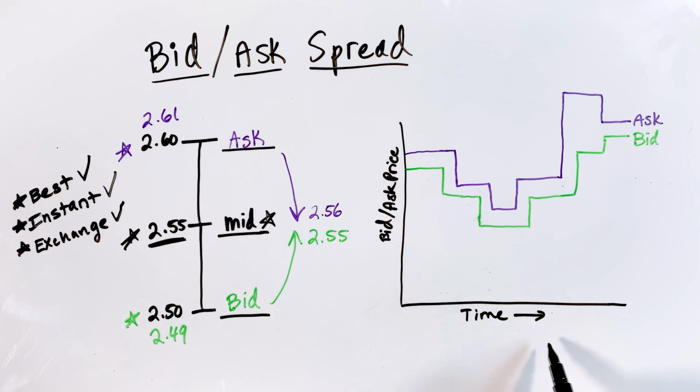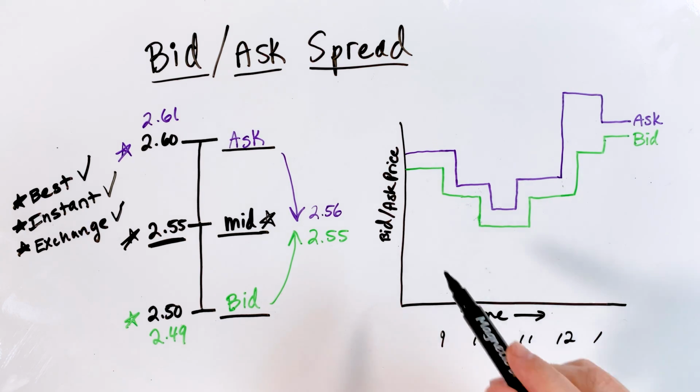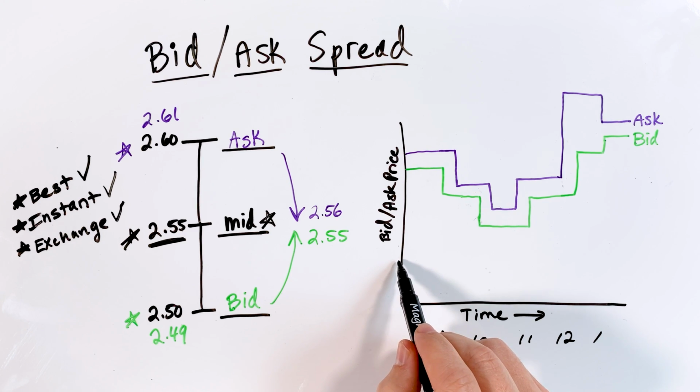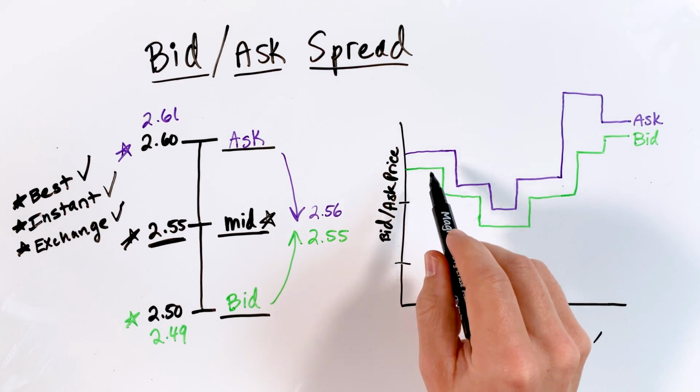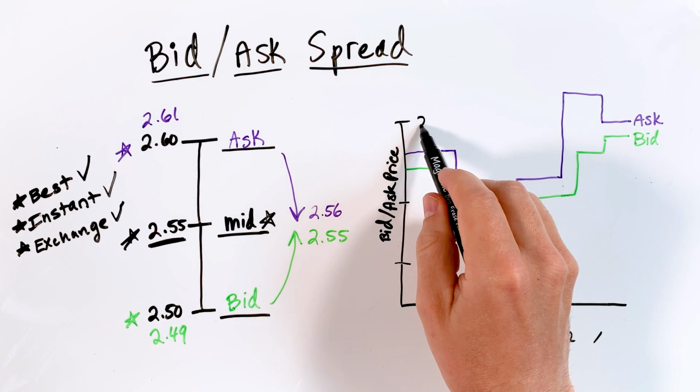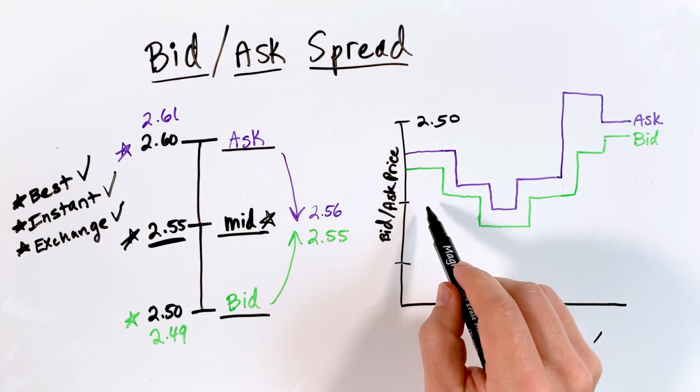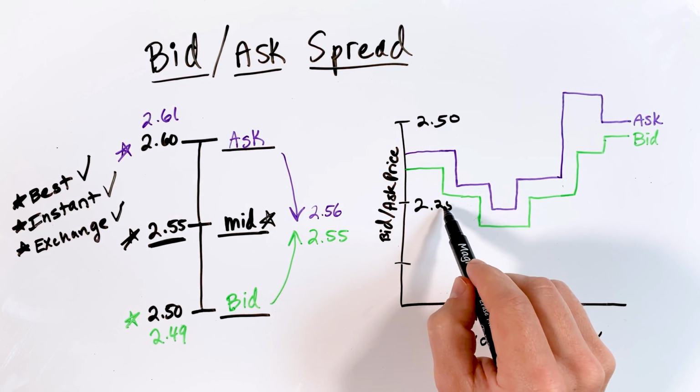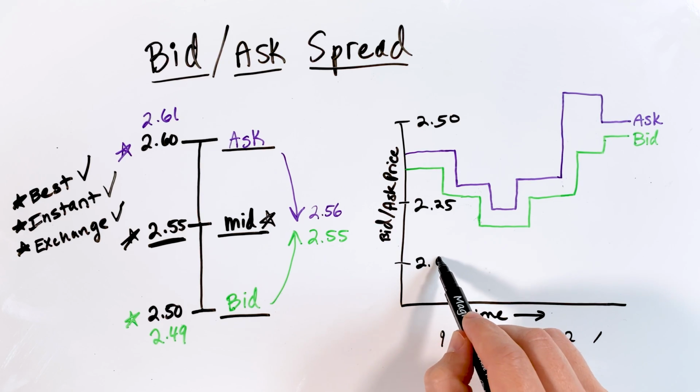As a security is trading through the trading day, say 9 o'clock and 10 o'clock and 11 and 12 and 1 in the afternoon, the bid-ask spread is going to change over time for a particular contract that you're watching. And the bid-ask spread price can fluctuate around, say, some of these ranges in here, say like $2.50 and $2.25 and $2, okay?